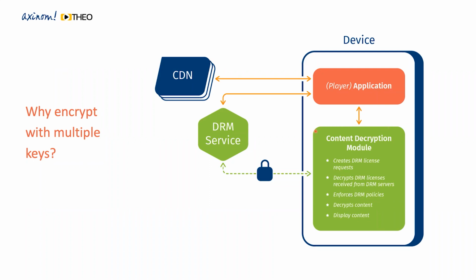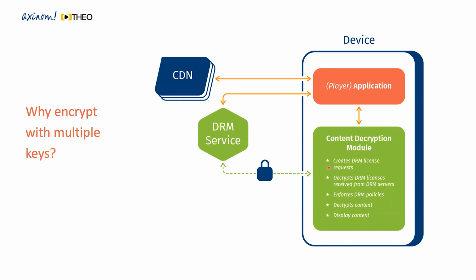The content decryption modules are pieces of hardware or software that are built in a way that is tamper-resistant. Anyone who would like to understand or change the inner workings of such a module by re-engineering it will have a really hard time. That is the reason why the content decryption modules are trusted by studios and content owners, and why they have very important responsibilities when it comes to protected video playback.